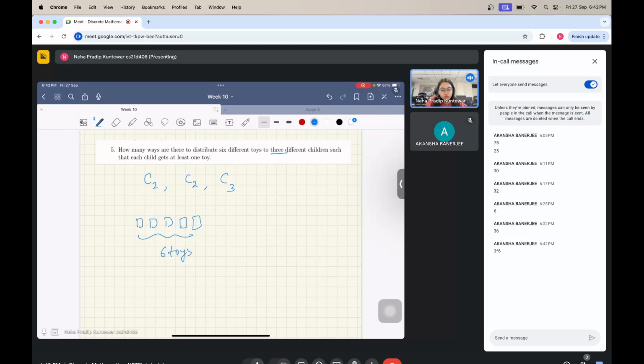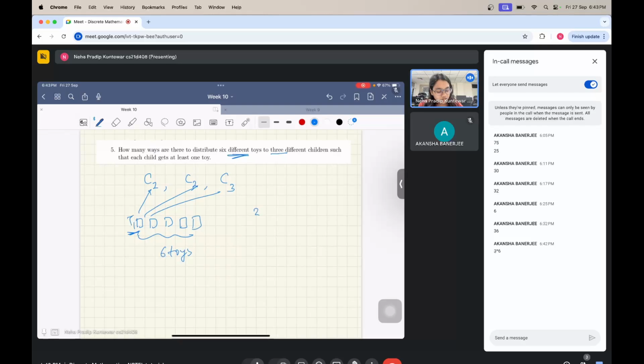Right, so notice that the toys are distinct. So these are not identical toys, and this is the keyword. So you have 6 different toys, and therefore for this toy T1, there are 3 ways in which I can distribute it. Either I can give it to C1, C2, or C3.